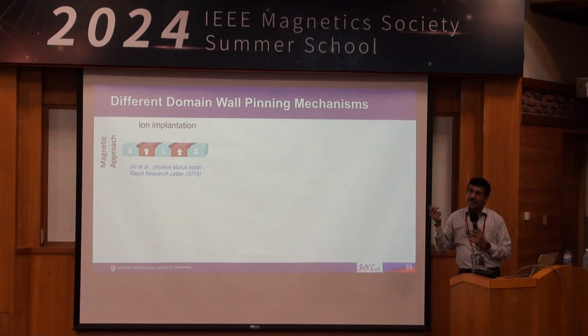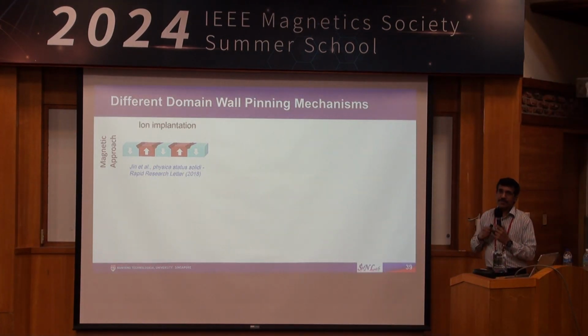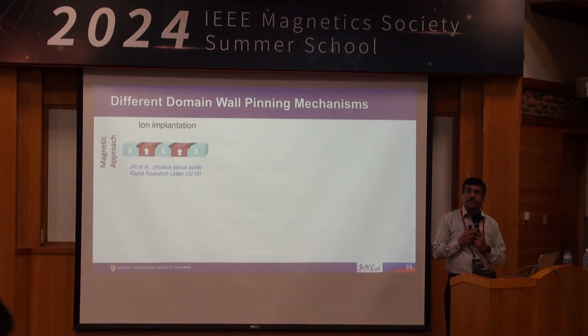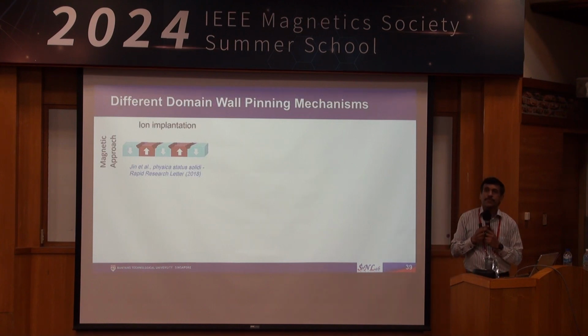So here basically we are not creating any domain wall. Actually, you have studied the domain wall motion in the TMR structure. Is it also possible that we study the domain wall motion in GMR structures? Ideally we should study the domain wall motion in TMR structures, so that we can demonstrate synapses and neurons.